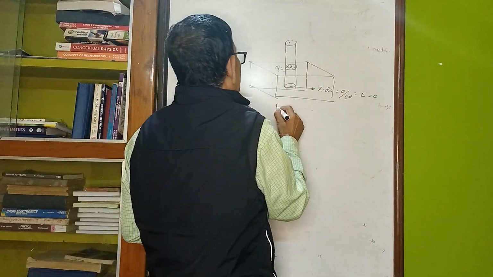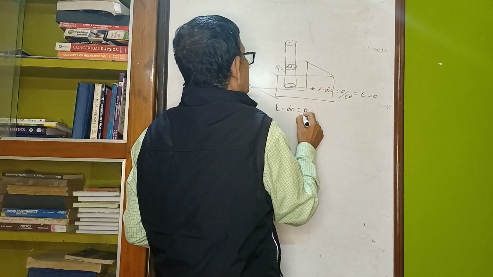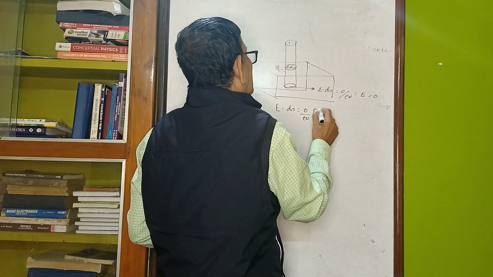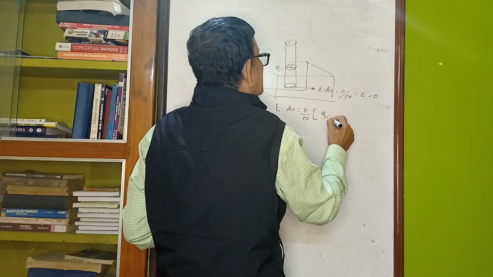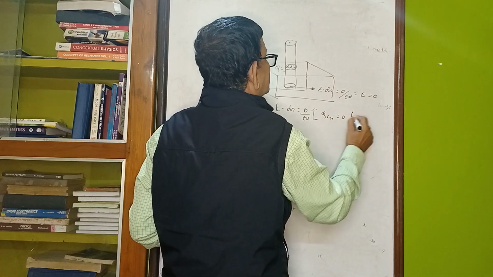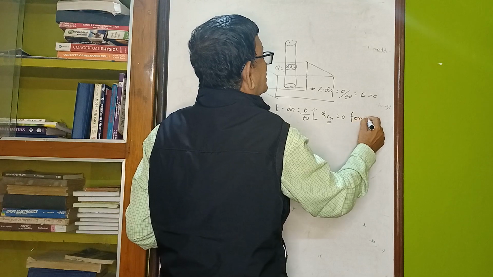You write down E dot ds equal to 0 by epsilon naught, and by this logic Q inside equals 0 for a conductor.